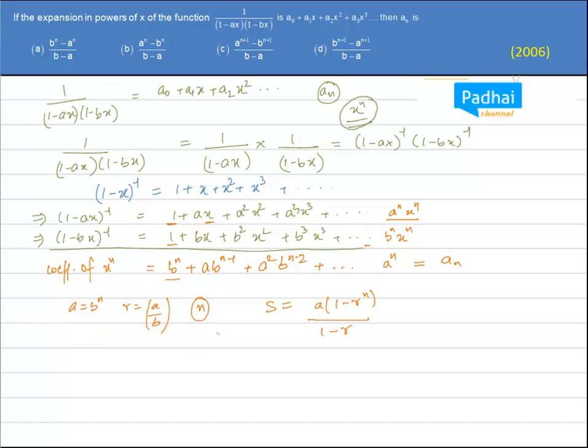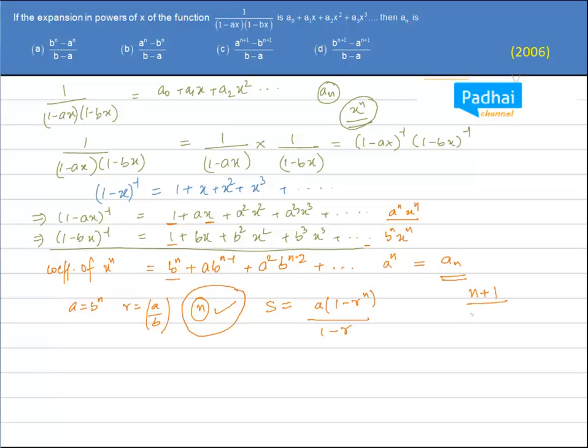But one more important point is that I have written that the total number of terms will be n, which is wrong. That is I suppose the main important point of this question. The number of terms in this expansion will be n plus 1.